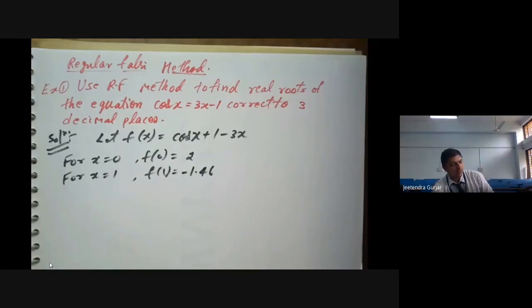This is the shortcut I am also informing you, how to use the calculator, how to convert. I think fx-991 ES. Everyone has the calculator, 911 or 991?